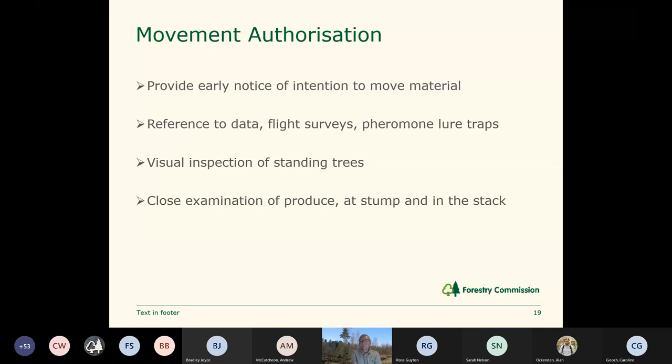But there are multiple layers of inspection and consideration before we allow material to move from any site within the demarcated area, and the material then has to move to a processor that meets our requirements in terms of how quickly they process that material, the manner in which they process it, the manner in which they handle any of the co-product, and the traceability of that material through their record keeping.